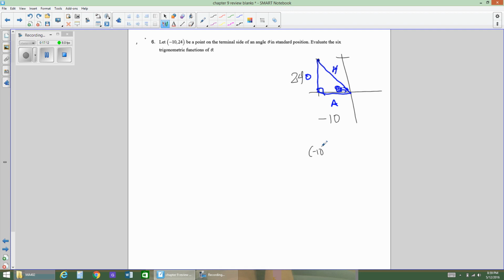So I have negative 10 squared plus 24 squared equals my hypotenuse squared. Obviously that's 100. This is 576. So that's 676. And in my calculator, when I take a square root, it's telling me that's 26 units.